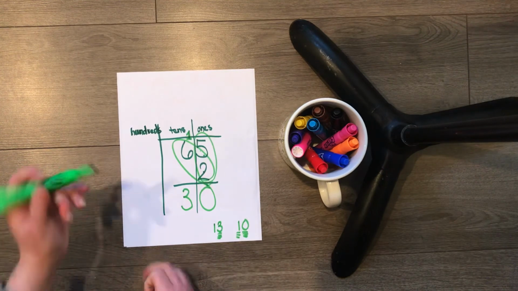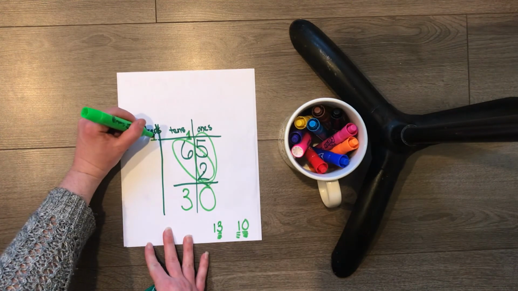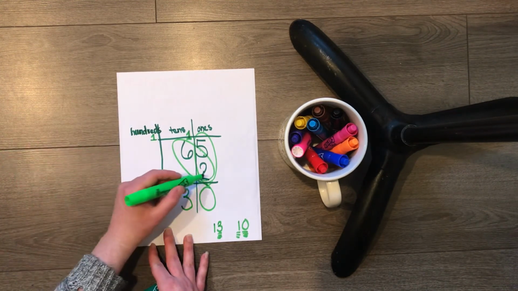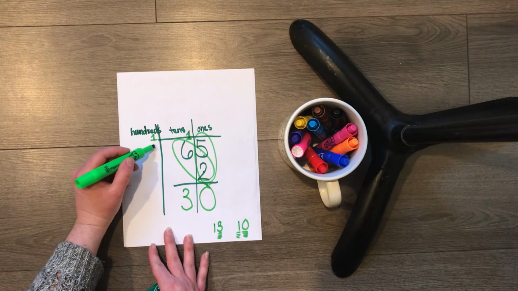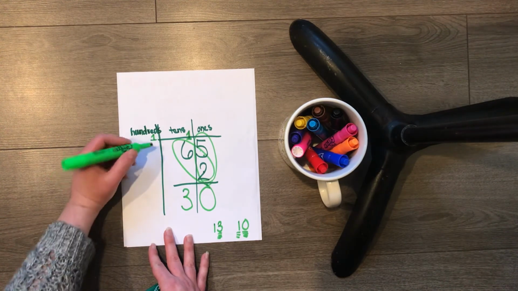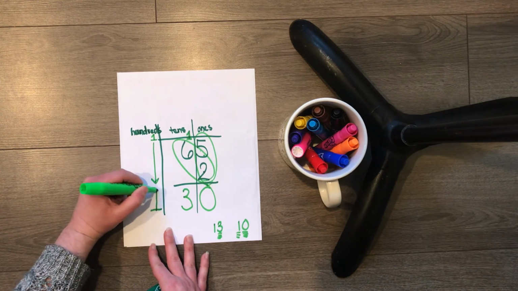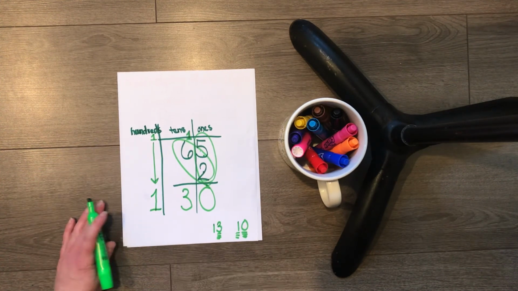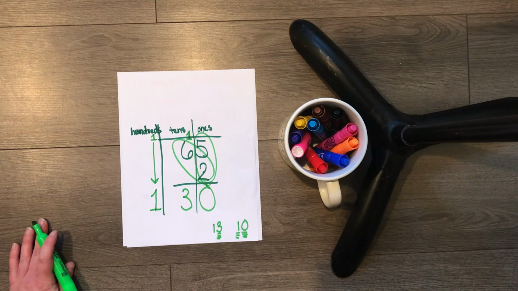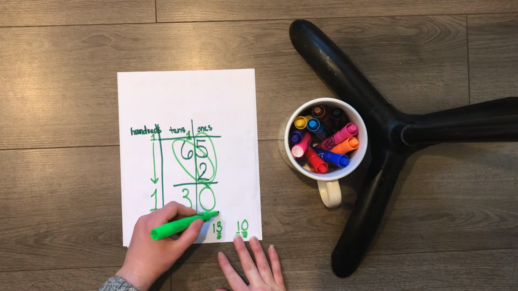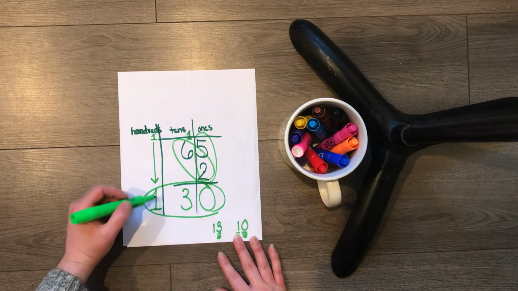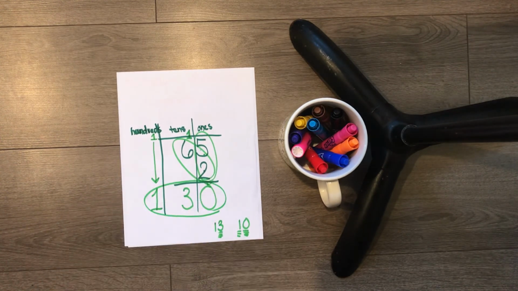Stick my 1 over there. Now, because I have no more multiplication to hold up this 1, it's just going to fall straight through and land right down next to that 3. And now my answer's done. I have no more multiplying to do. So my total answer is 130.